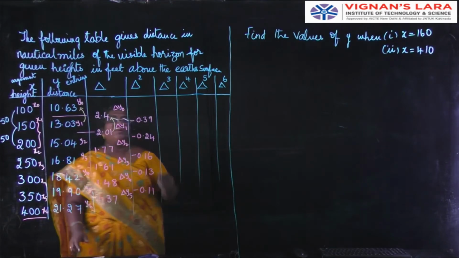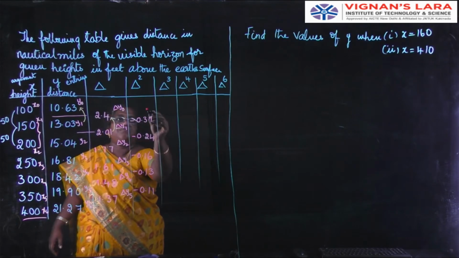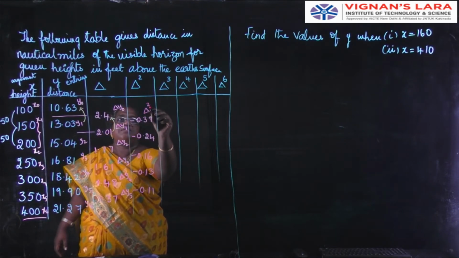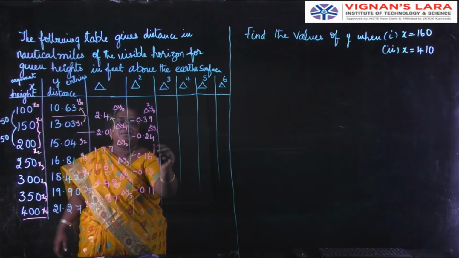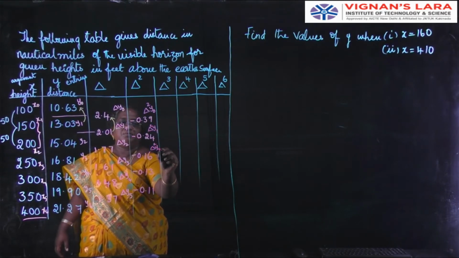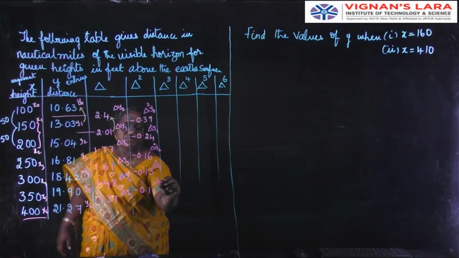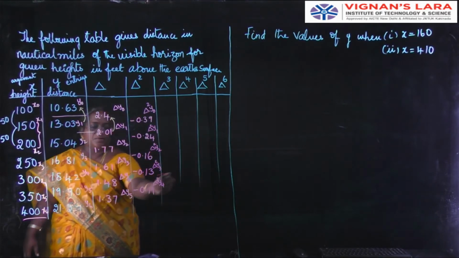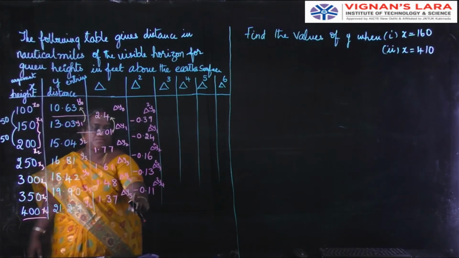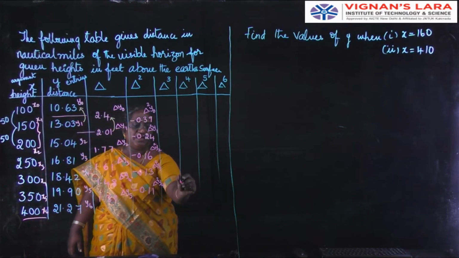So now we have to name them. Because these are second forward differences, we call them as del square. Del square y naught, del square y1, del square y2, del square y3, del square y4. So if you observe, the values will be decreasing.